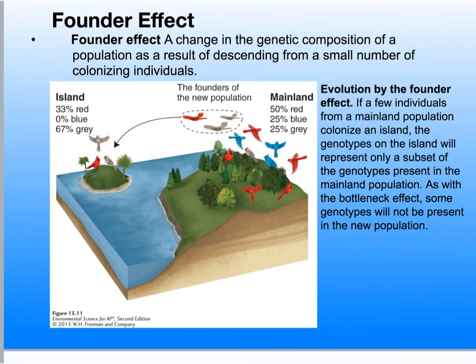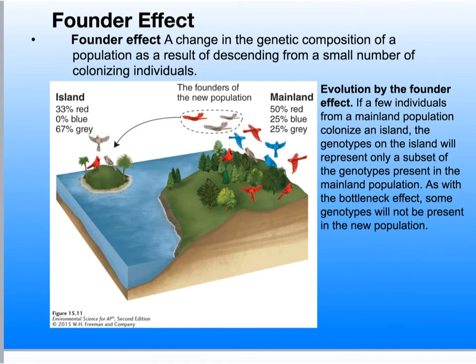All right, a founder effect is the change in the genetic composition of a population as a result of descendants that have left. And so they have now colonized an island. So for example, we have an island where these two gray birds and this red bird have come. The original population had very small amounts of gray birds, lots of blue, lots of red.